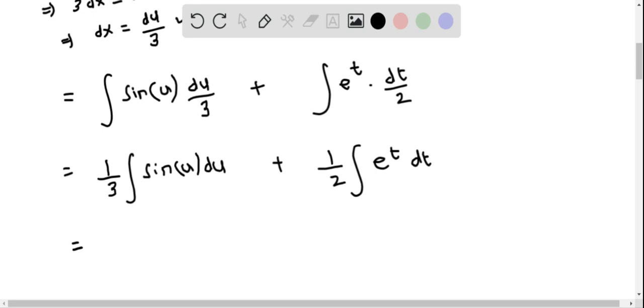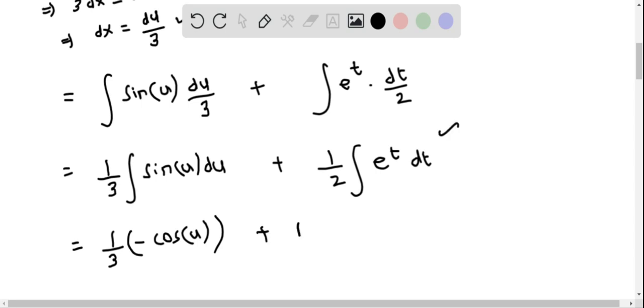So using the standard integration formula, we know that integral of sine u will be negative cos u. And I can put just one integration constant after I integrate this.